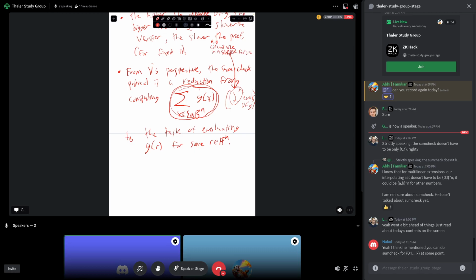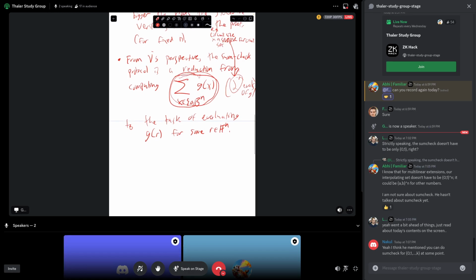Although we won't talk about these applications for a little bit, that's how you should think of 2 to the n. There are enough terms in the sum that the verifier doesn't want to compute the sum on its own. But imagine for the time being that the verifier is willing to evaluate G at a single point. So 2 to the n is too much, but one point is not too much.